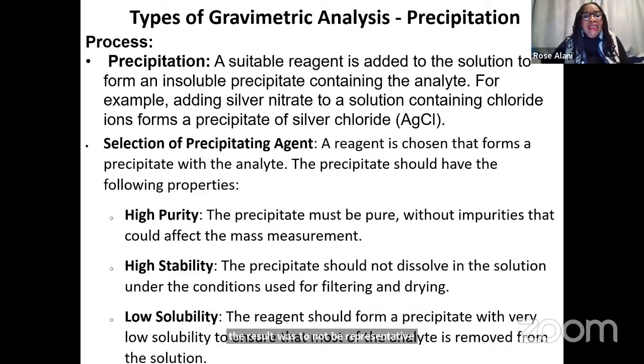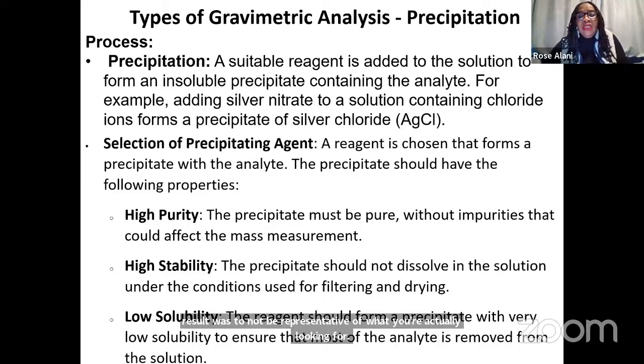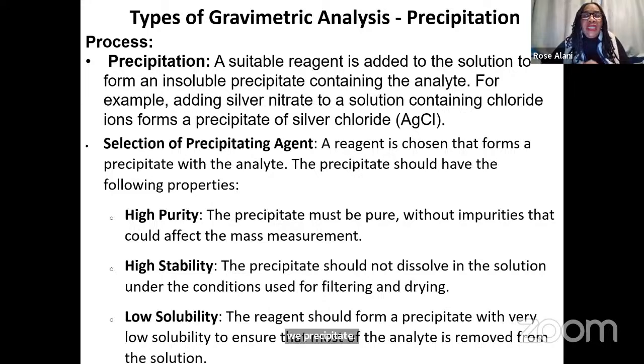And then the precipitate, why you need to select your precipitating agent properly so that you will have a good precipitate. And then the precipitate has some properties. They have to be of very high purity. Precipitate has to be highly stable.